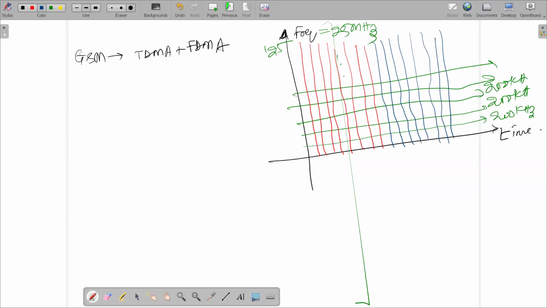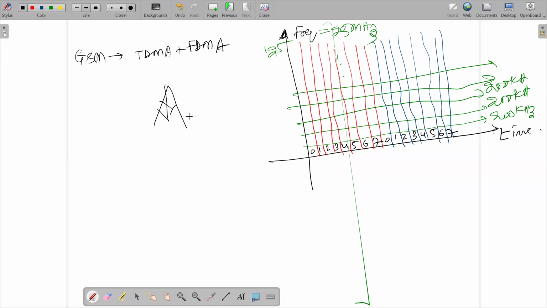Okay. So usually how will allocation be done? Here it is 0, 1, 2, 3, 4, 5, 6, 7. Again 0 starts: 0, 1, 2, 3, 4, 5, 6, 7. Which means GSM, right?